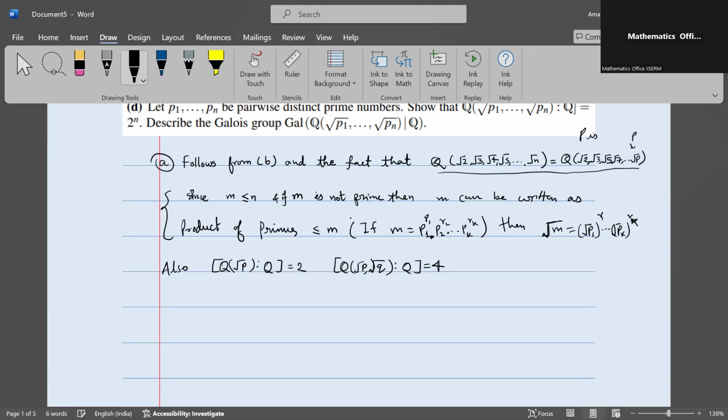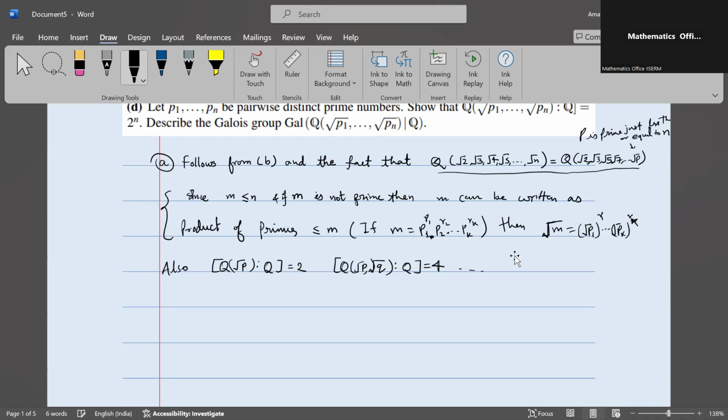p is prime, less than or equal to n, and so on.